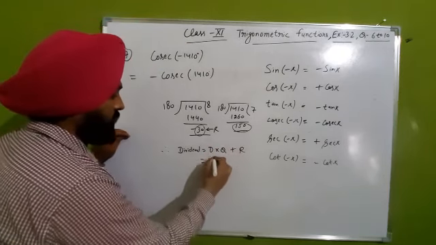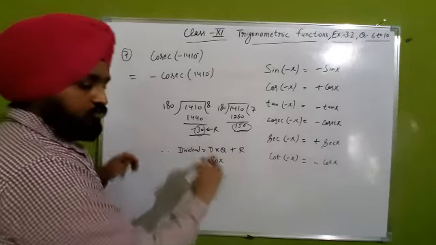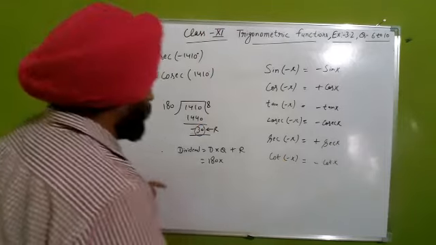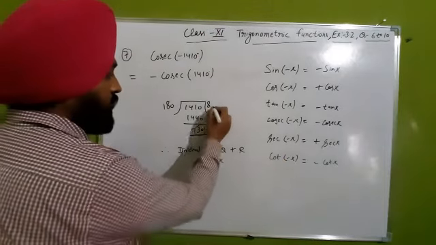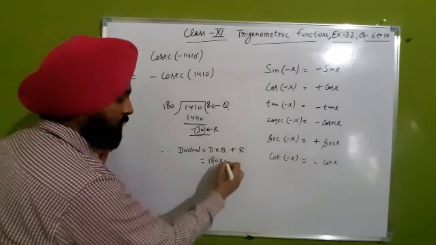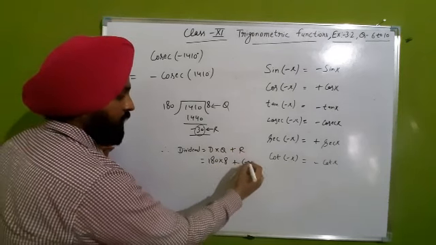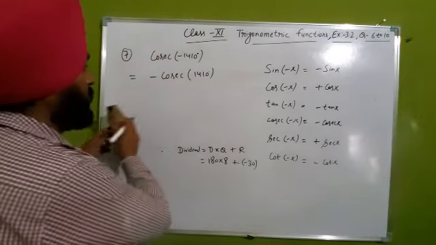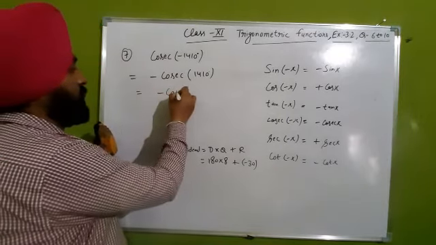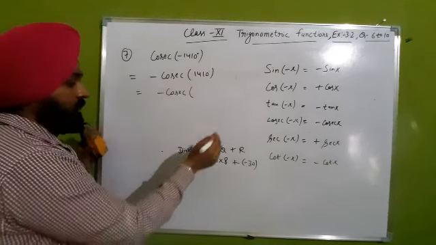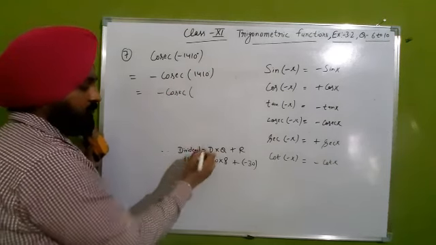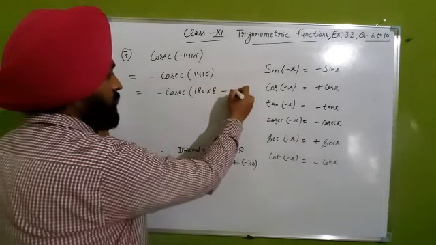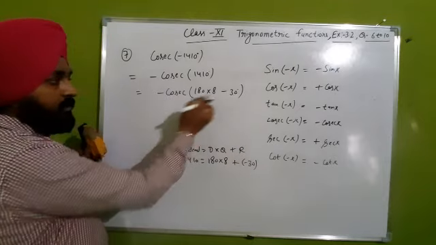When the divisor is 180 degree, we have to choose the long division with the smaller remainder, when the quotient here is 8 and the remainder is negative 30. Clear? So we can write this minus cosecant 1410 as 180 into 8 minus 30 degree, with a minus outside.